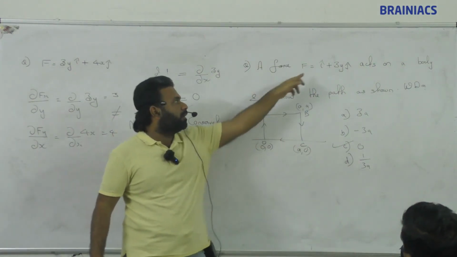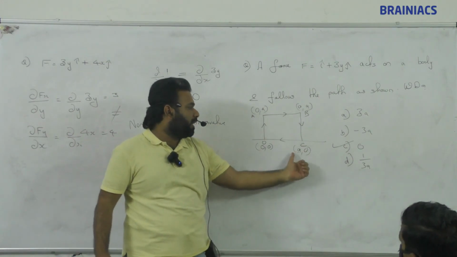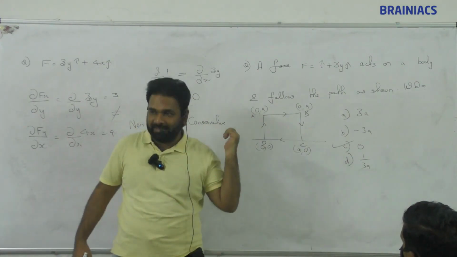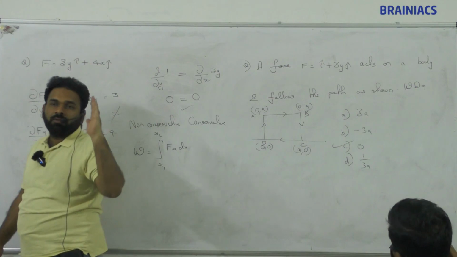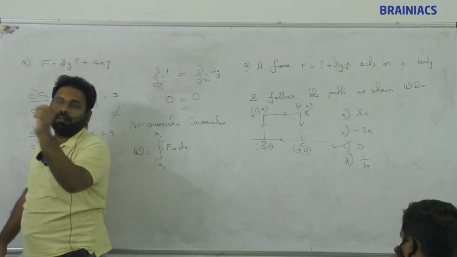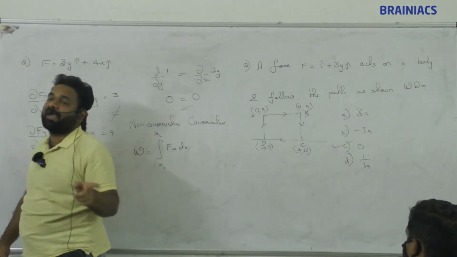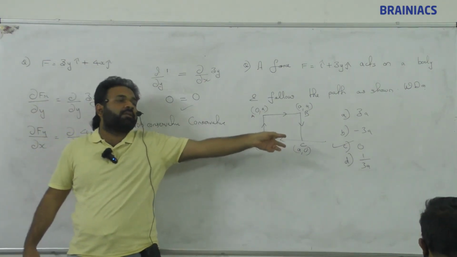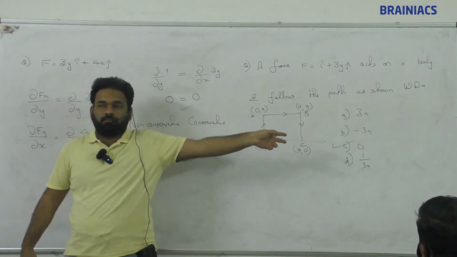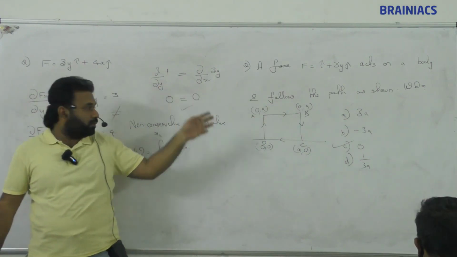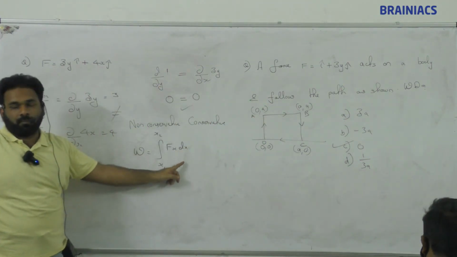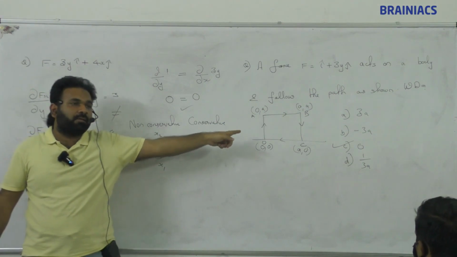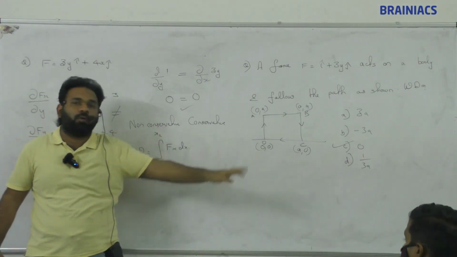This way, consider this one and put the limits from A to 0. So in this case, whatever we do, two parts will be plus and another two parts will be minus. It will cancel out. Do this and verify whether you are getting 0 or not. Just check each path, make sure you are getting 0.